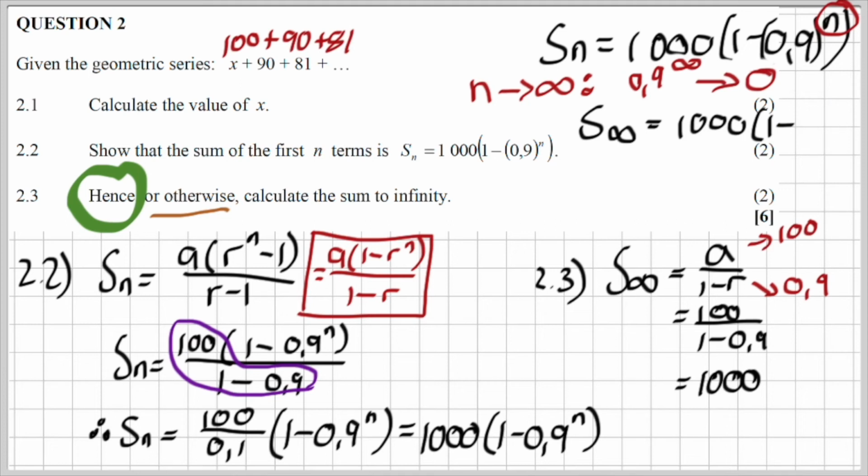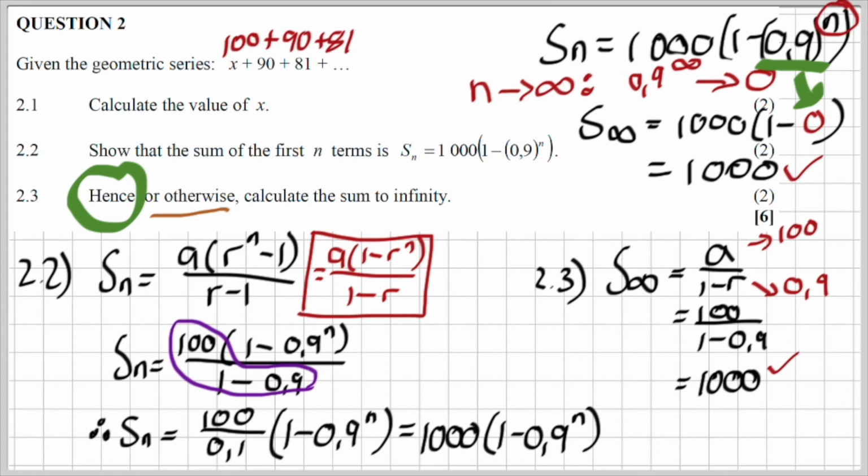Where does the 0 come from? That whole back part, the 0.9 to the n, goes towards 0, which means this S infinity is going to go towards 1000. Whoa, that's the same answer we got from doing S infinity.